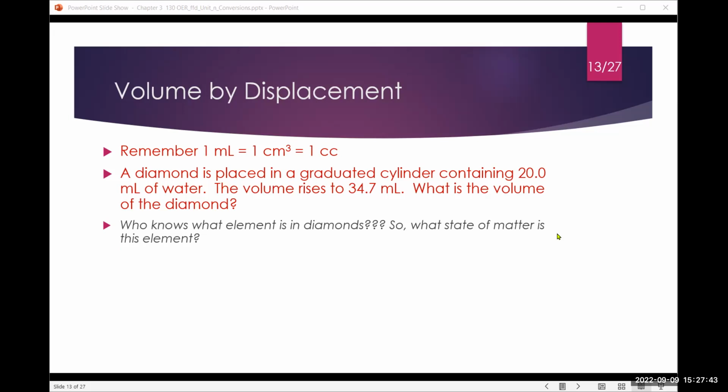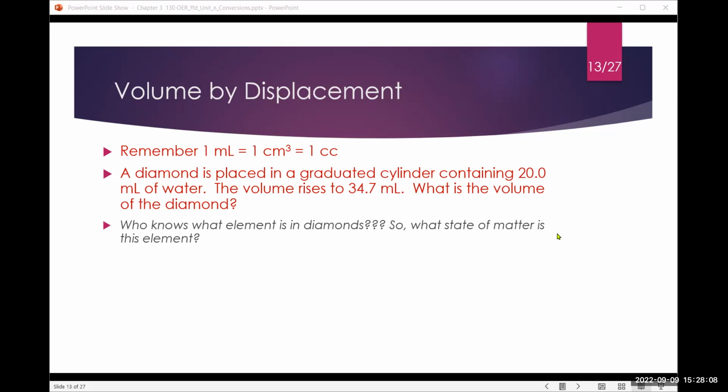If you have a nice, even rectangular, square shaped chunk of matter, you can simply measure length, width, and height, and that gives you a 3-dimensional measurement, which is volume, right? In cubic centimeters or whatever units you use, but we can convert that to milliliters.